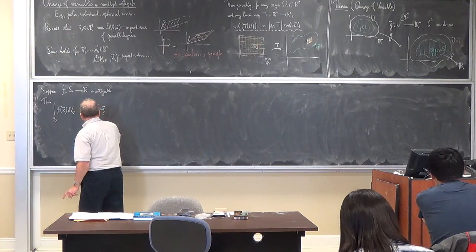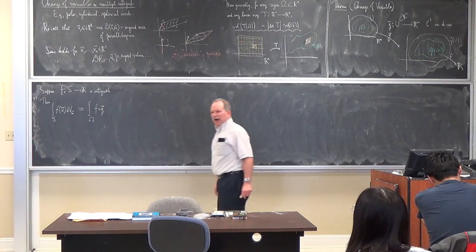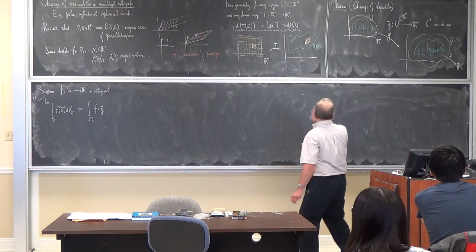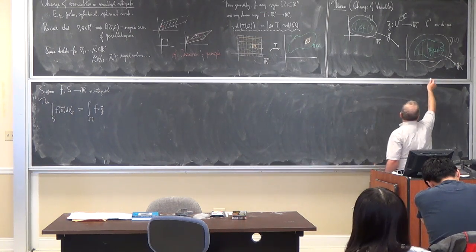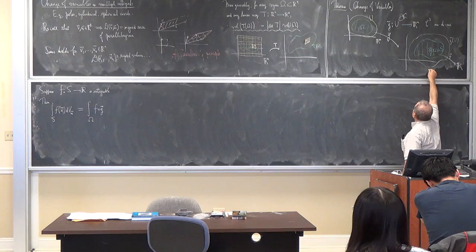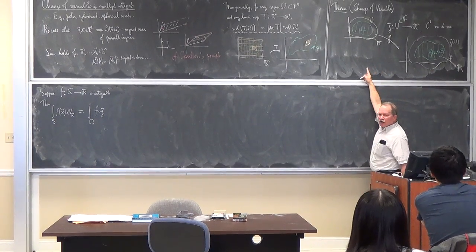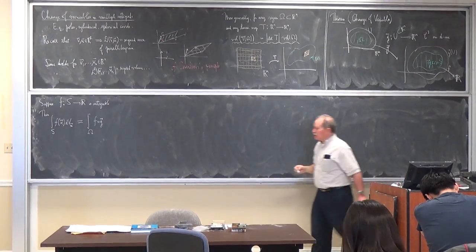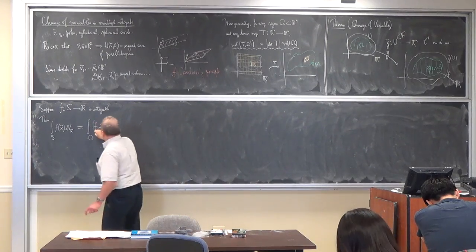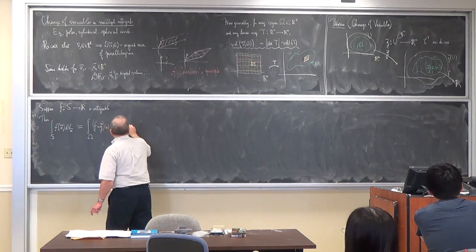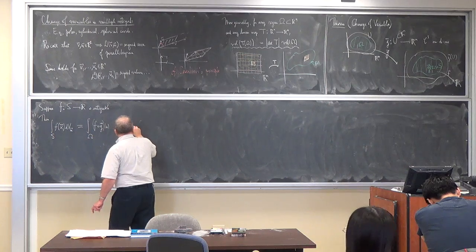So you want to instead write in terms of the variables back in omega. So you want to integrate f∘G, right? X over here is going to be G of a point U in omega. So I'm going to integrate f∘G of U, dV over the U variable.